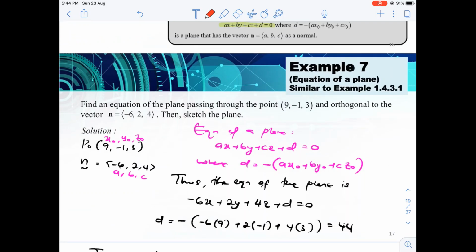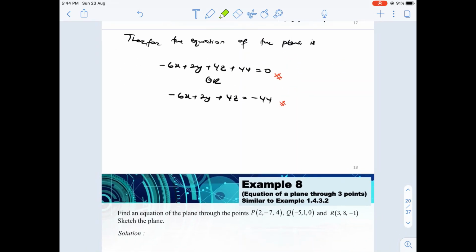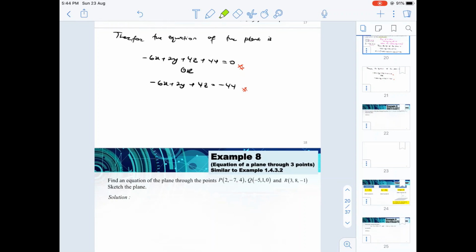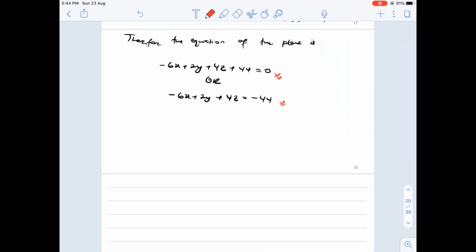Next, the question asks to sketch the plane. In order to sketch the plane, let us use the intercept form.